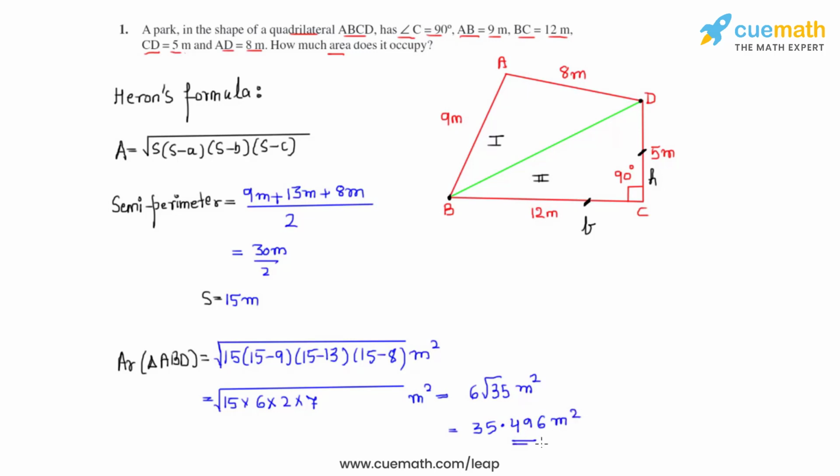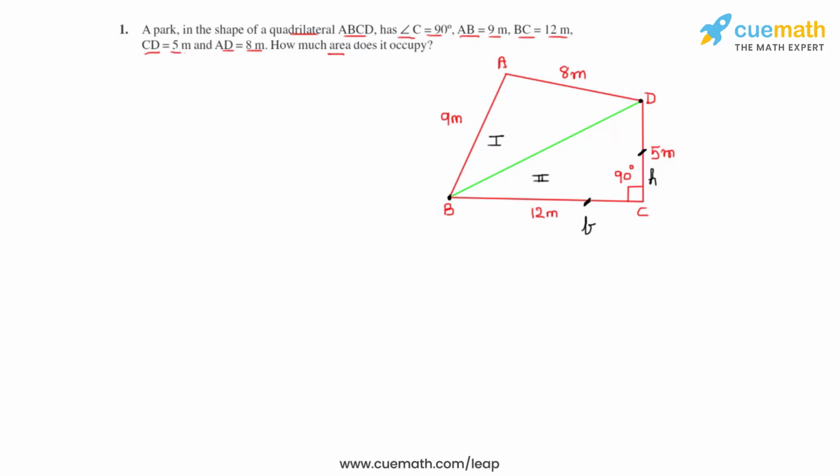Now that we have found the areas of the two triangles, the area of the quadrilateral can be found by summing up these two areas. So let's do that. Area of quadrilateral ABCD will be equal to the sum of the areas of triangle ABD plus area of triangle BCD.